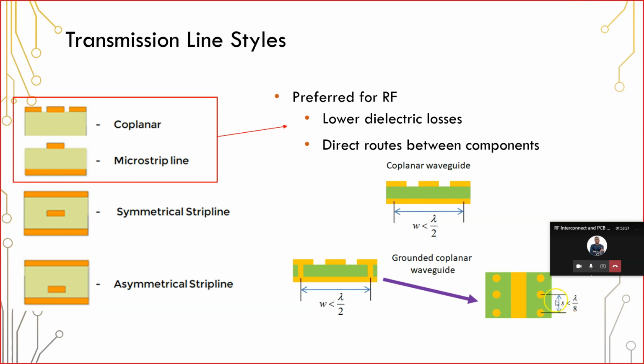So it's a good idea to keep this spacing between vias less than an eighth of a wavelength. The reason is that this structure will look like a totally closed cavity if you manage to do that. So it's going to have very good containment of the electric field and the magnetic field, and ideally that will prevent leakage of the field from the edges here.